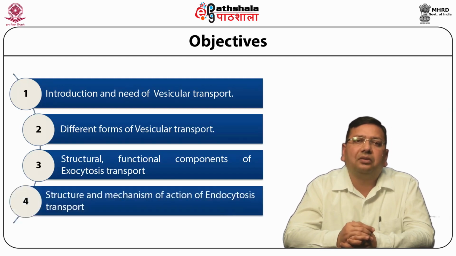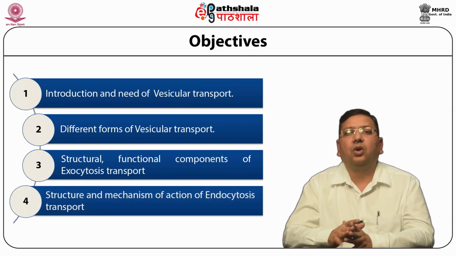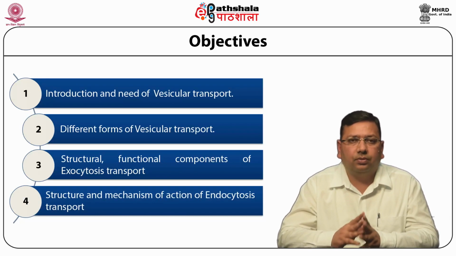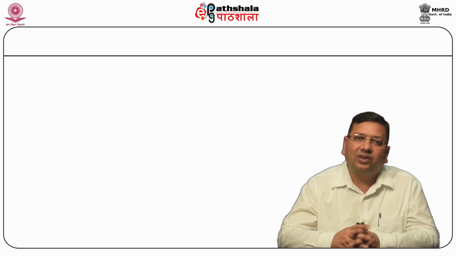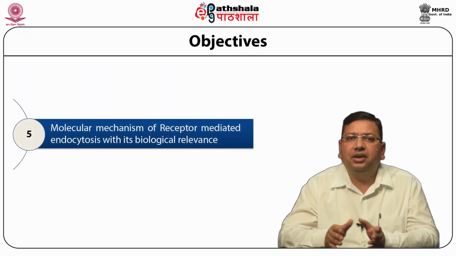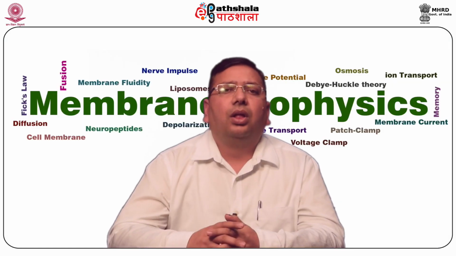Then we will move towards the structure and mechanism of action of endocytosis transport. And lastly, we will talk about the molecular mechanism of receptor mediated endocytosis with its biological relevance.